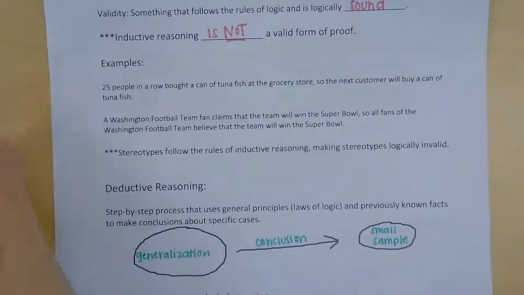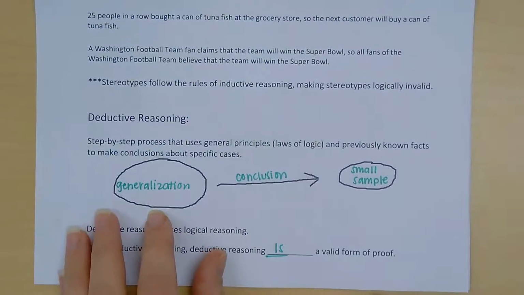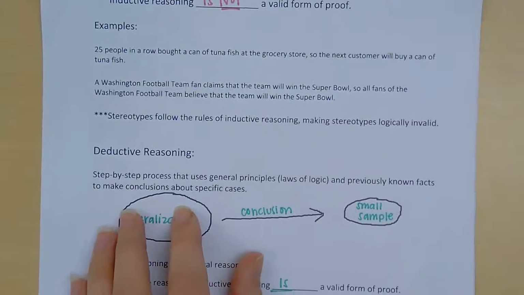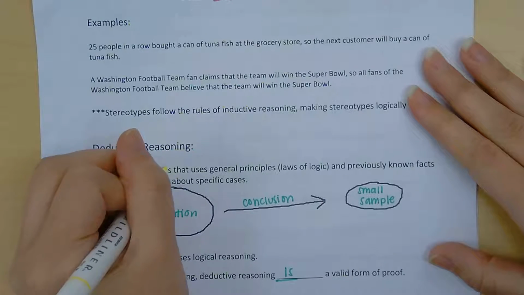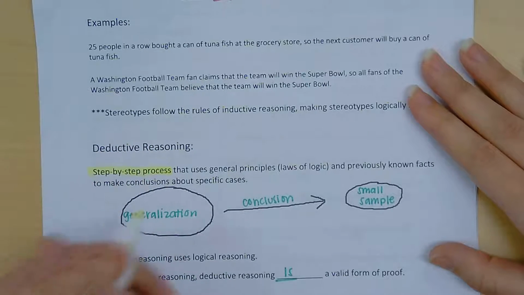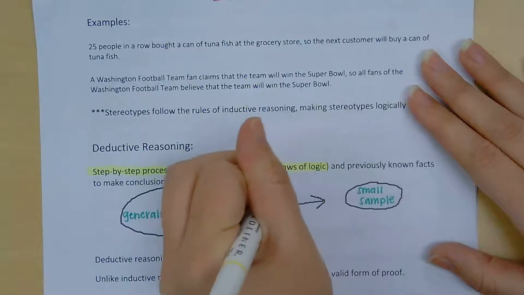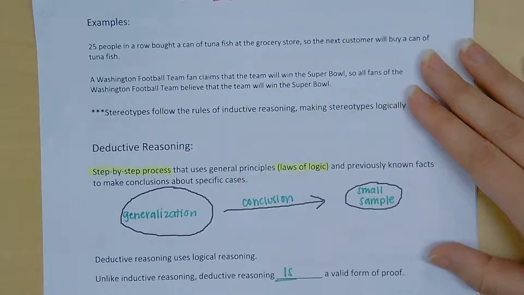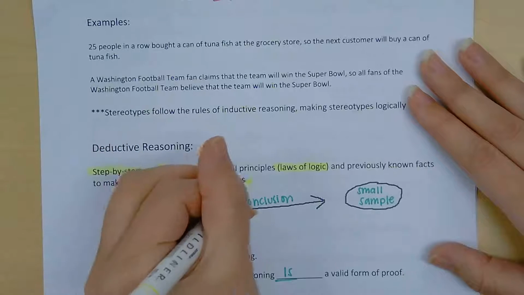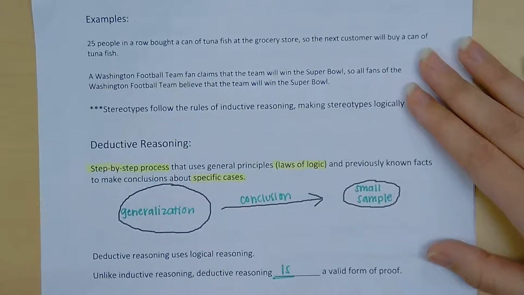The second type of reasoning that we have is deductive reasoning. Deductive reasoning is going to be a step-by-step process that uses general principles or our laws of logic and previously known facts to then make conclusions about specific cases.